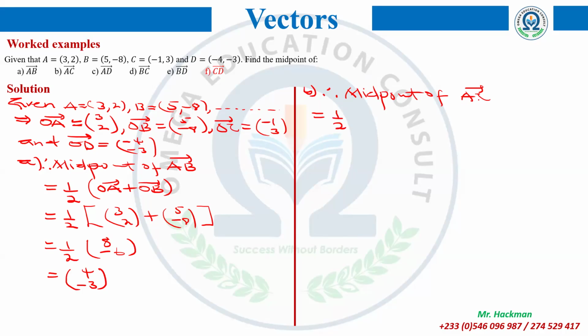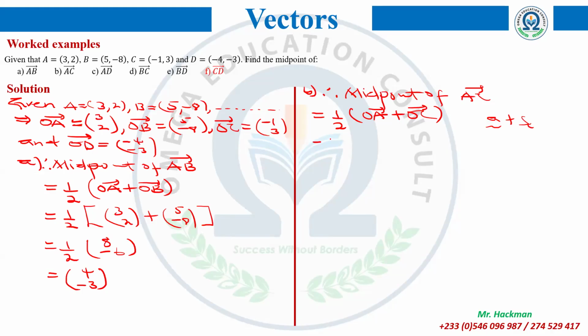The position vector of your first point plus the position vector of your second point. So it will be half of OA plus OC, which is the same as A tilde plus C tilde, half of that. But we are not using the special notation.